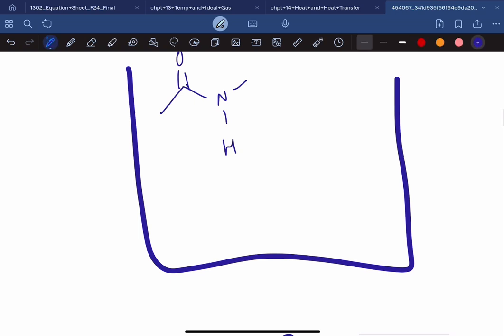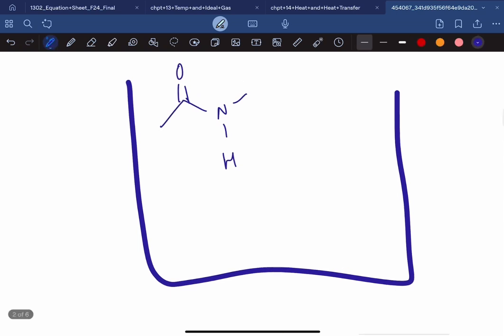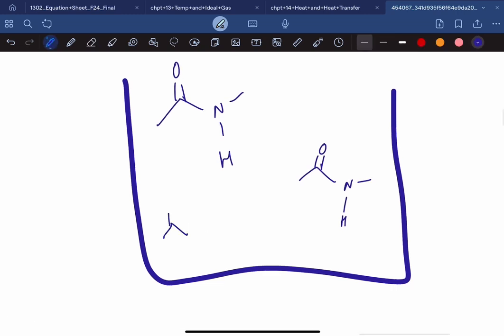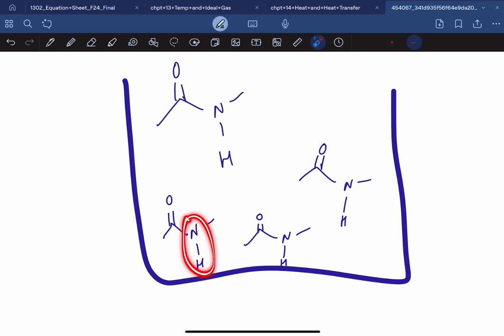But here, if you look at this molecule, right, and we're looking at a flask of it, and there's a bunch of these floating around. That shouldn't be H. This should be H. Let's erase this. Like this, right? So if you draw in the hydrogen bonding, you recognize that this hydrogen is bonded to a nitrogen. So this thing can hydrogen bond everywhere.